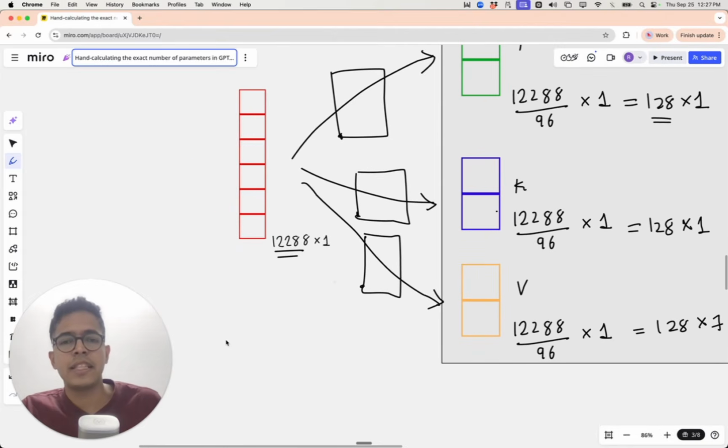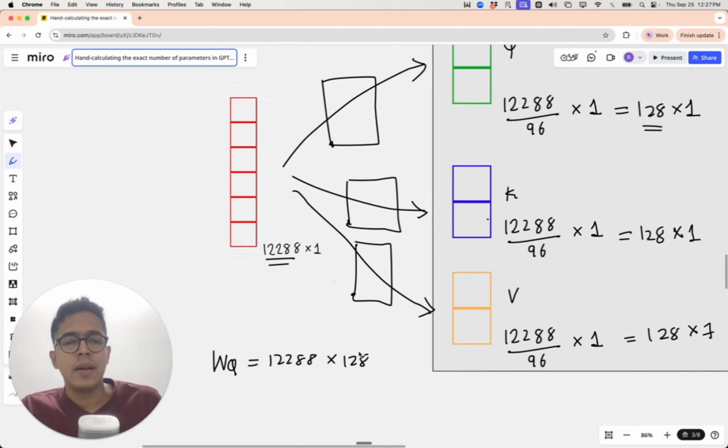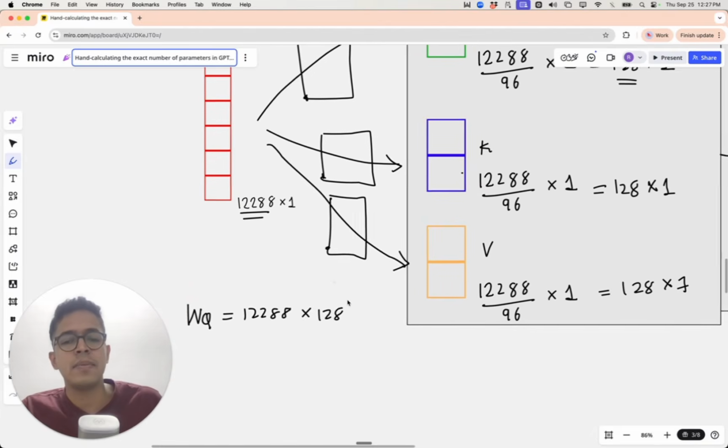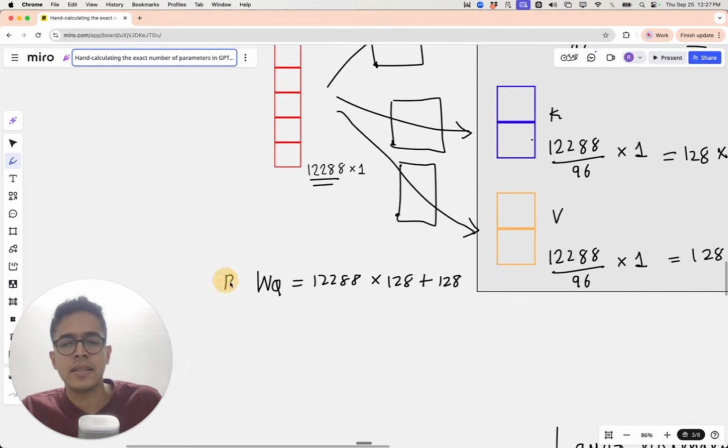The number of weights for query will be 12288 multiplied by 128. But there could be bias also, which is added at the nodes at the output. Because you have 128 as the dimension here, you can have 128 bias values. So this is weights plus biases in the query.